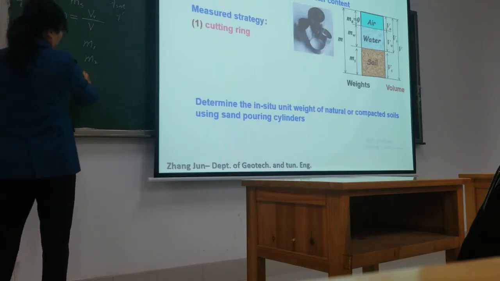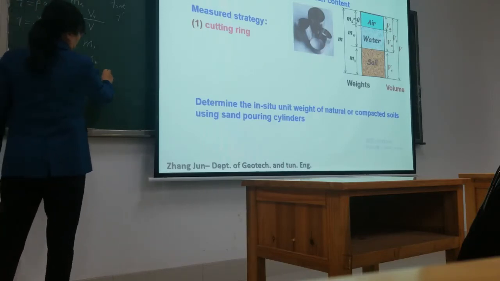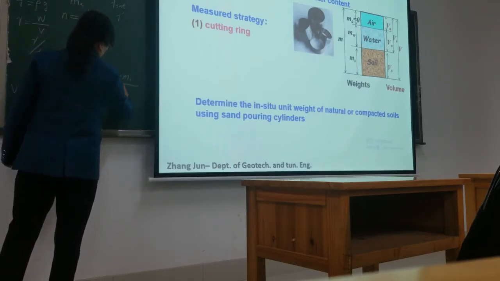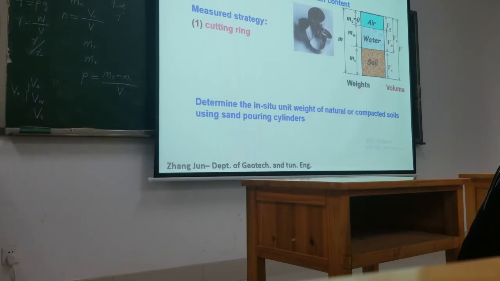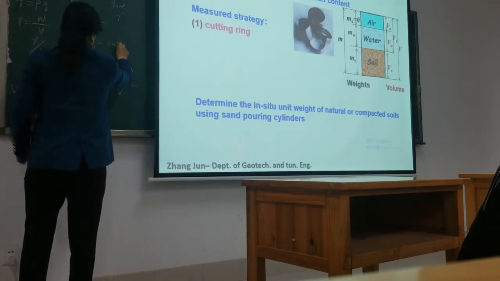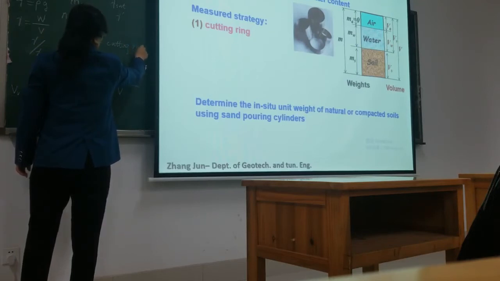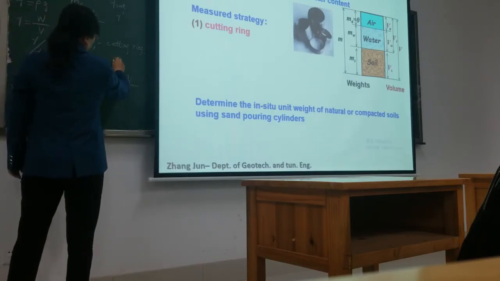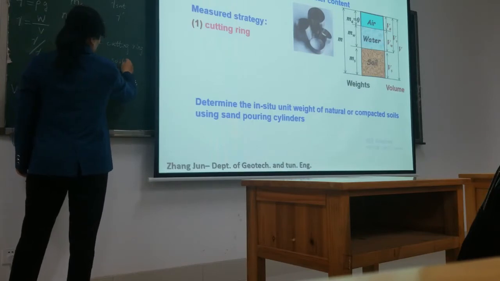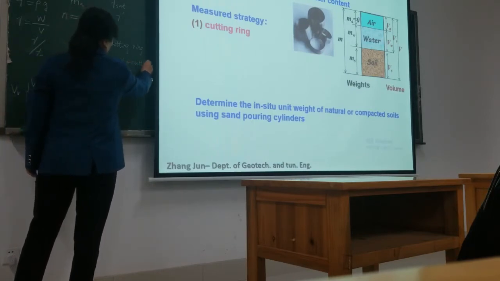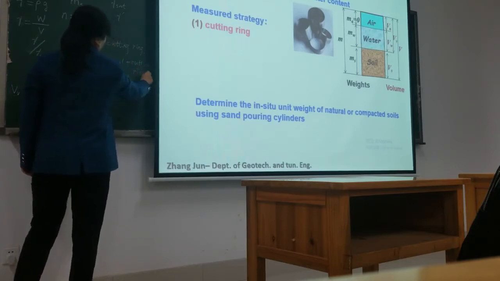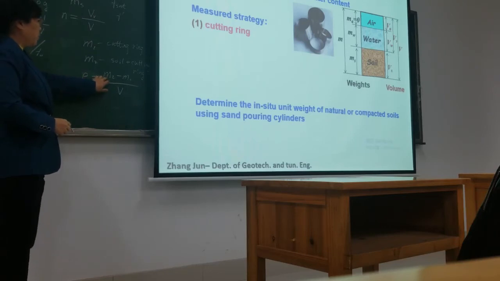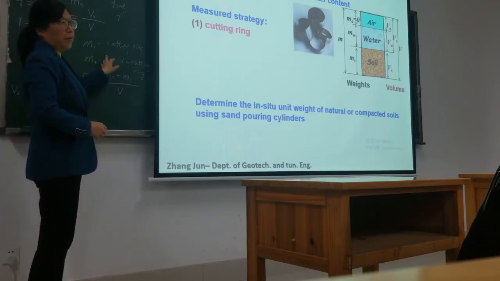So we can get the bulk density, okay? Here's the mass of the cutting ring, and here the cutting ring and the soil. So M2 minus M1 is the soil mass.